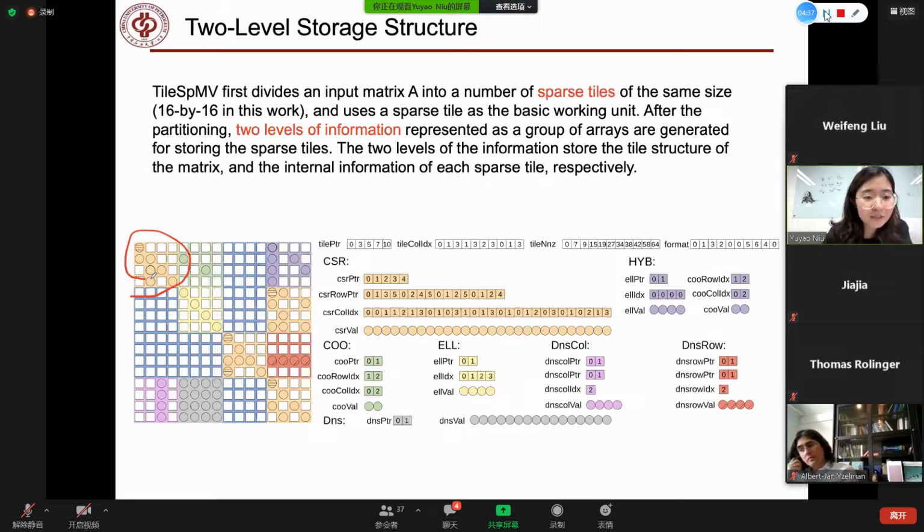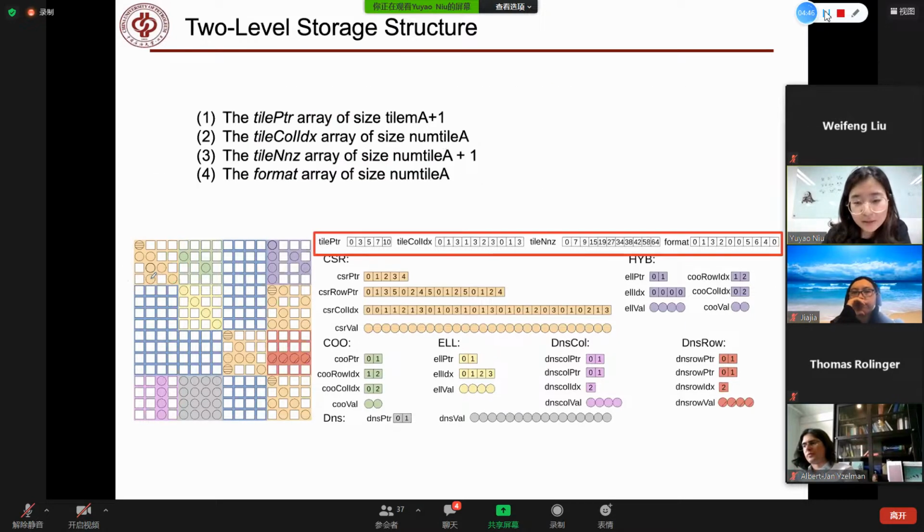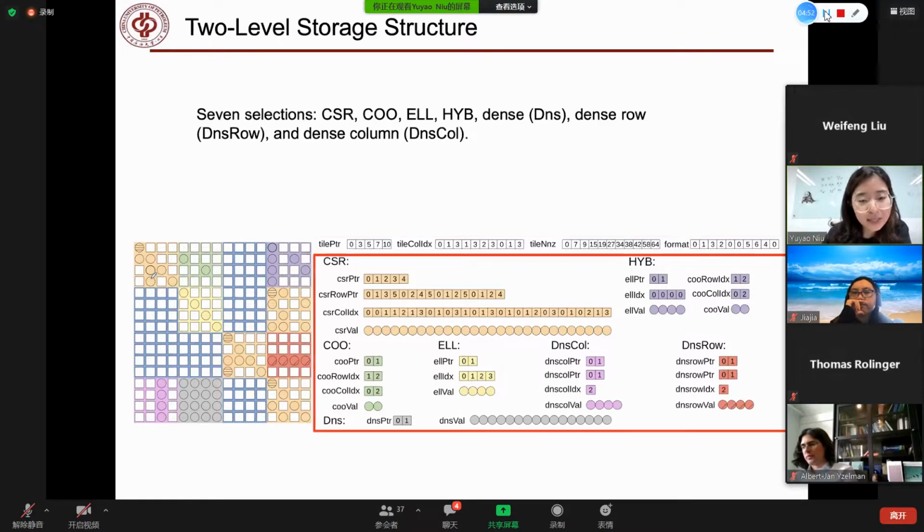And after the partitioning, two levels of information are generated for storing sparse tiles. The first level stores the tile structure of the sparse matrix, and the second level stores the internal information of each sparse tile.